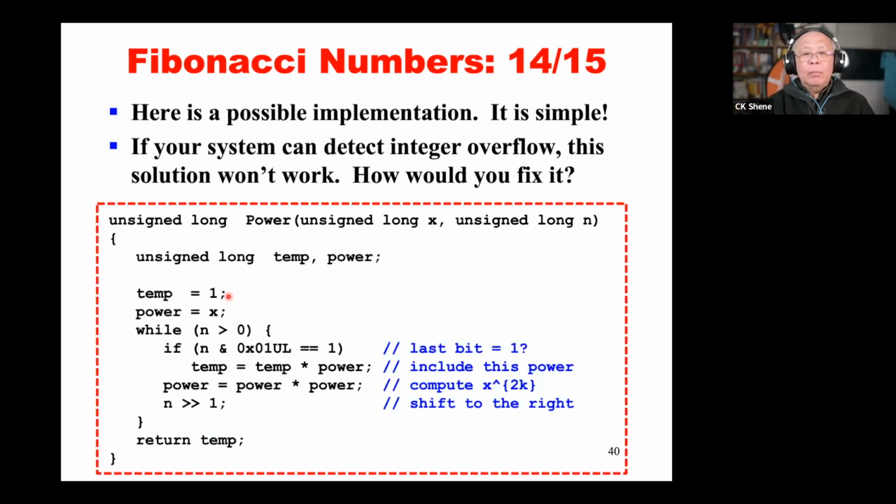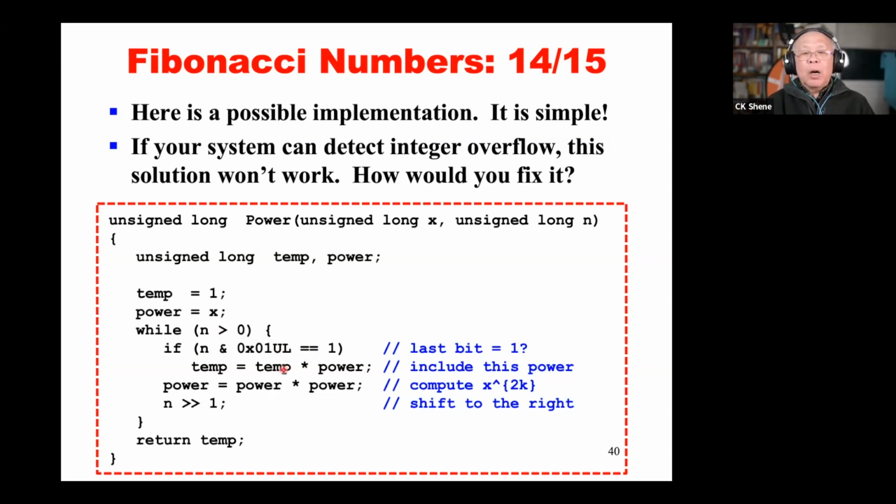So power initially is x. As long as n is greater than 0, we test to see if the rightmost bit is 1. So if n and 1 equals 1, that means the rightmost bit of n is 1. Then we need it.